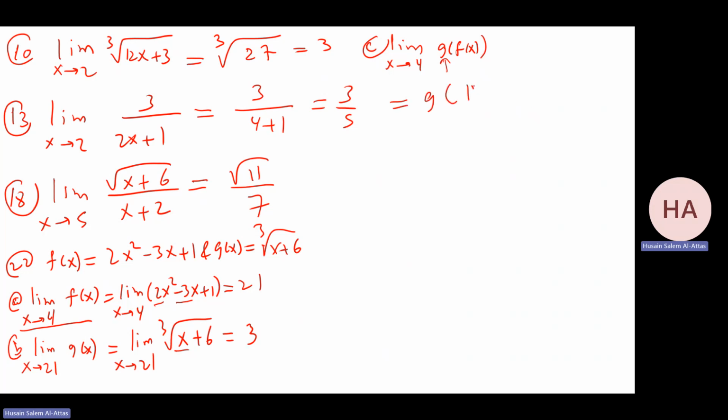So this is g of the limit as x goes to 4 of f of x. And that will be g of 21, which is cube root of 21 plus 6, which is the same thing, which is 3.